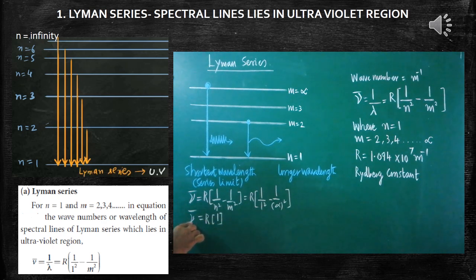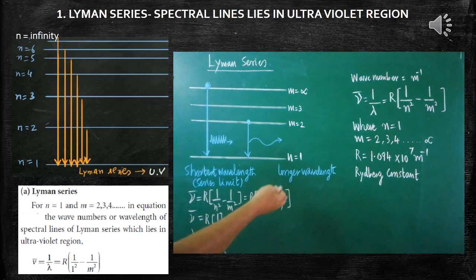Therefore wave number is equal to R. To calculate the wavelength, what do we have to do? Lambda is nothing but the reciprocal of the wave number. So the reciprocal of the wave number gives you 1 by R. So substitute the value of Rydberg constant, and we are able to get the wavelength of the spectral line. This is called the series limit.